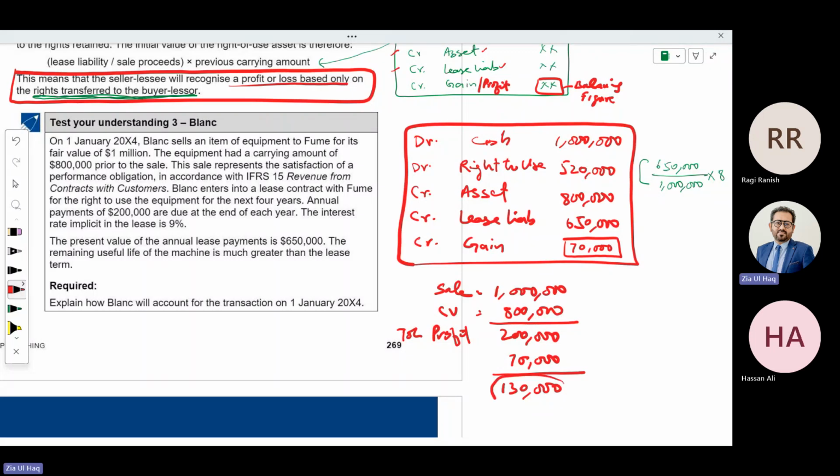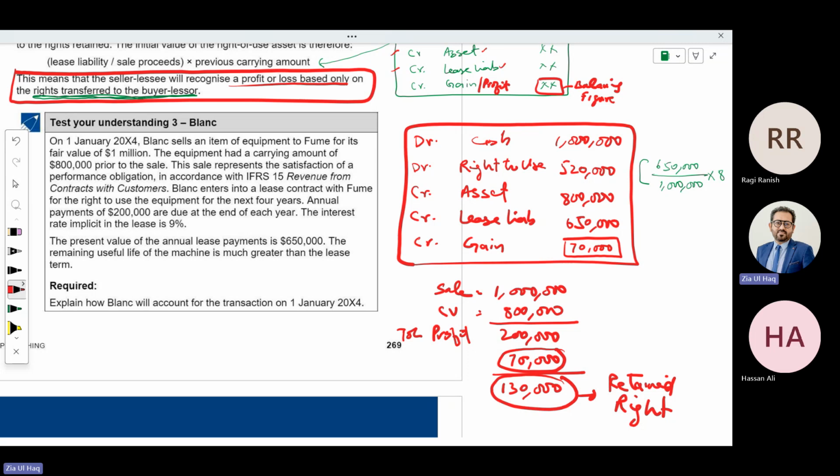That 130,000 is relating to the retained right, the right we didn't transfer to the lessor. Through the sale, we transfer the right to the lessor for this profit.